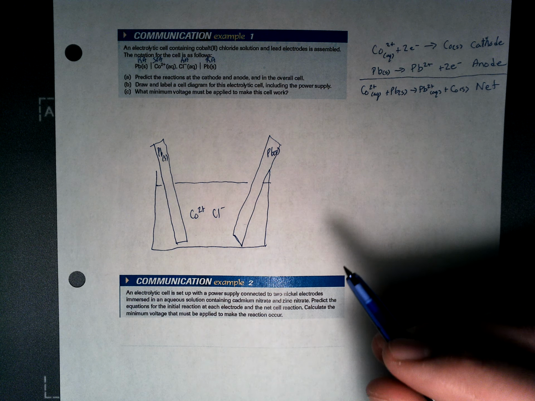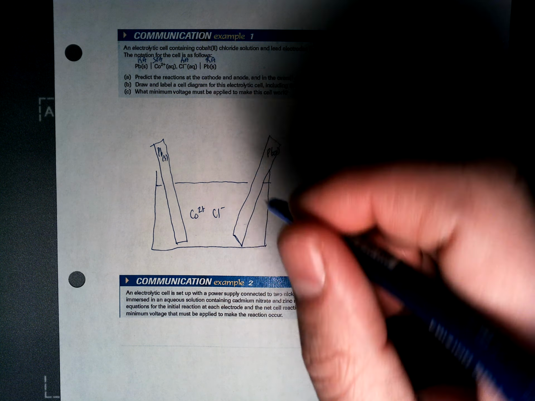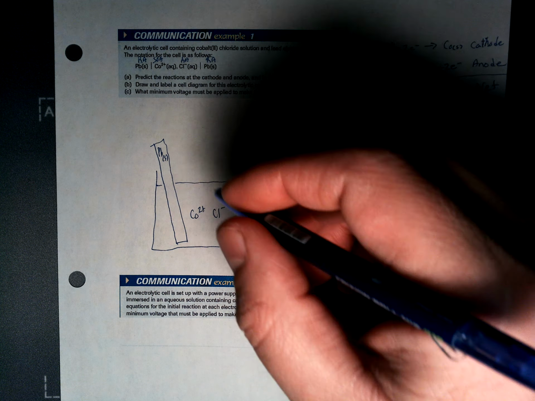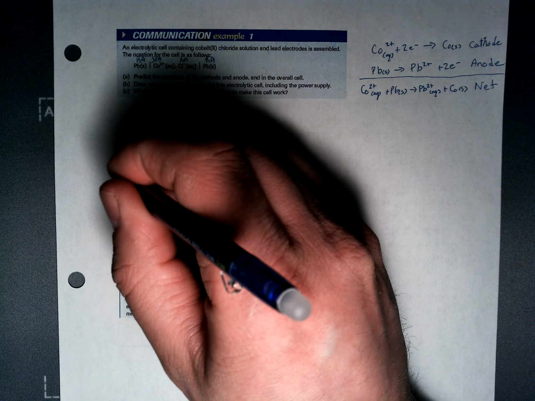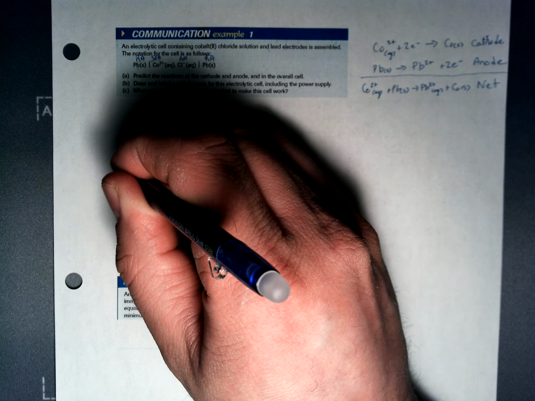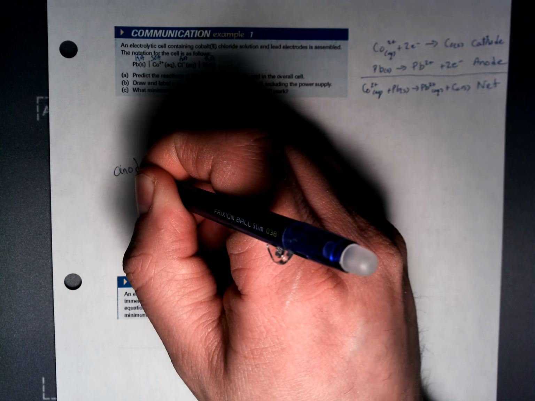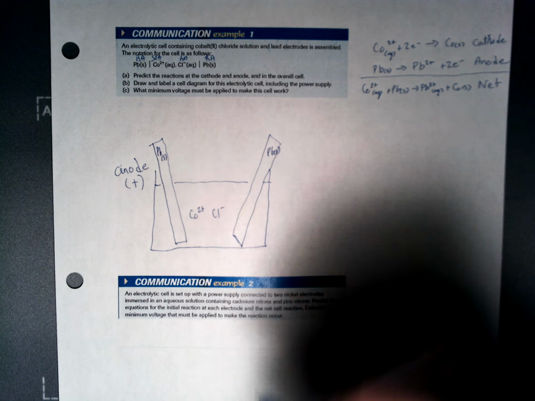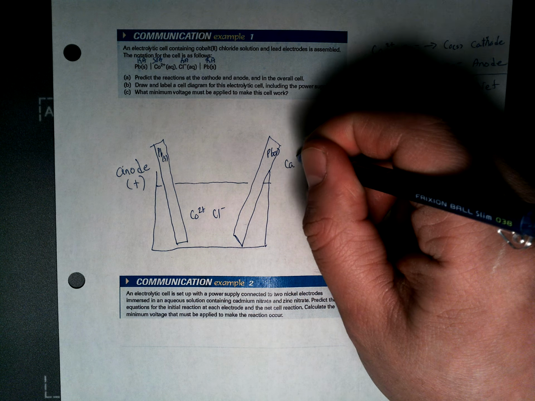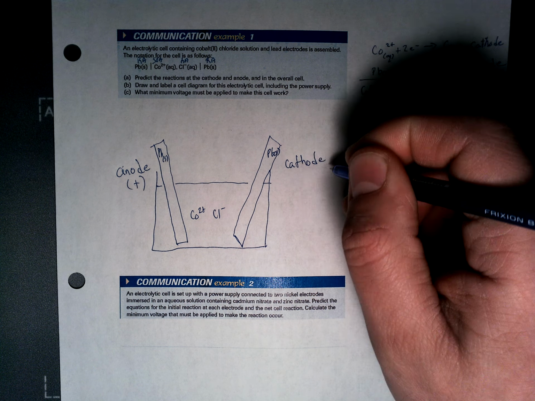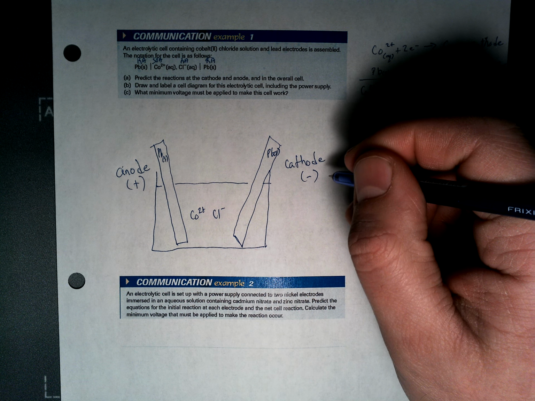Now, some other things we want to make sure to include. It says make sure you include the power supply. So let's say this is our anode, which now is positive. Then this would be our cathode, which is negative. So those switch.